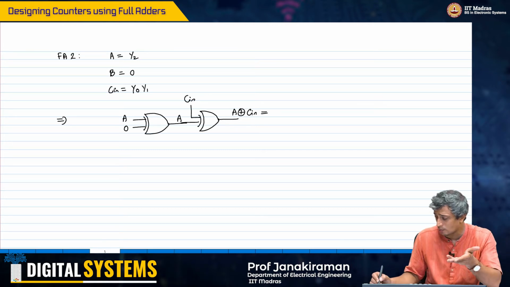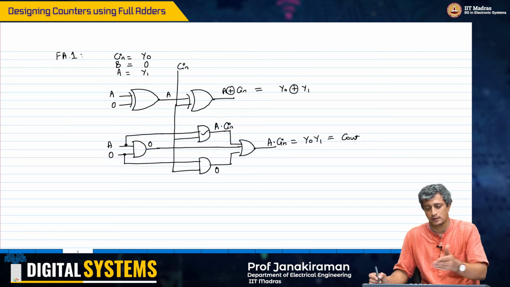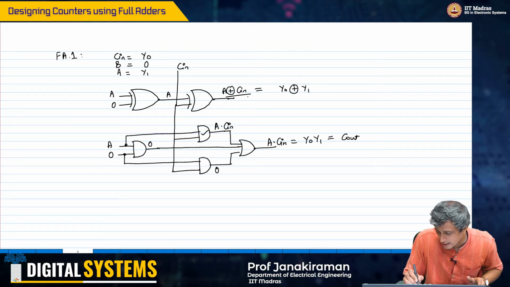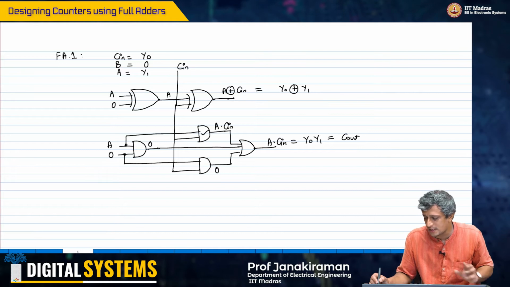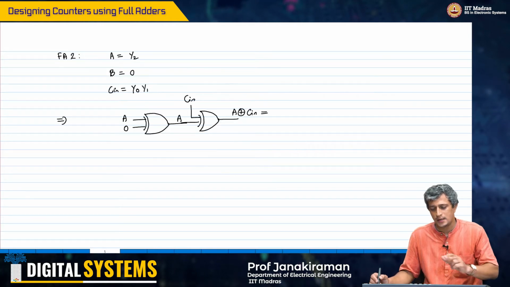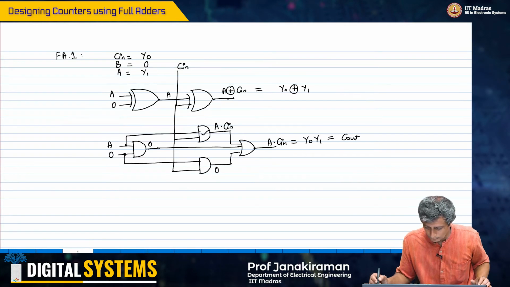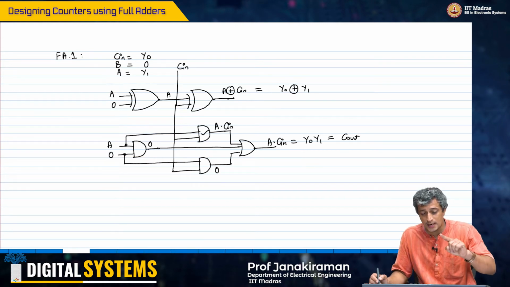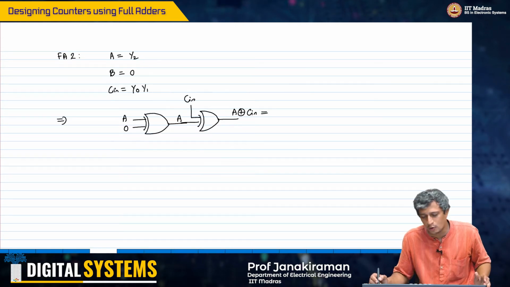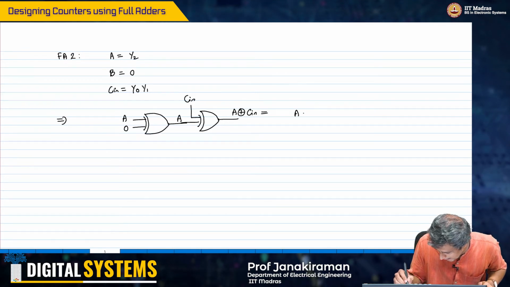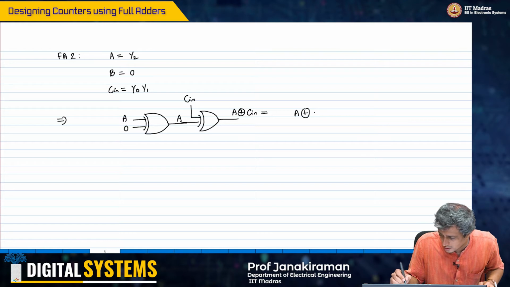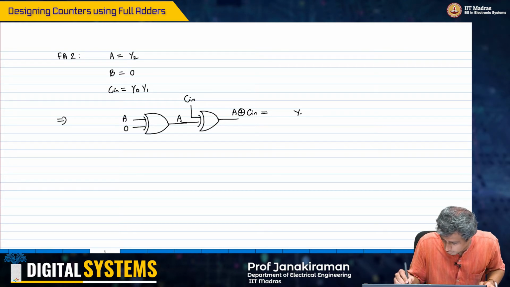This is exactly like what happened in the previous full adder. We got exactly the same thing here, just that the input was different. C in was Y naught in the previous case. Now it is going to be Y naught Y1. Therefore, it will be A XOR, what is A? It is Y2 XOR Y naught Y1.